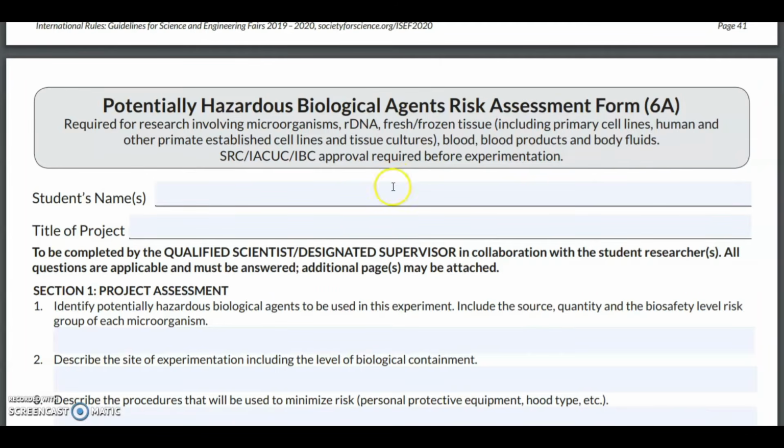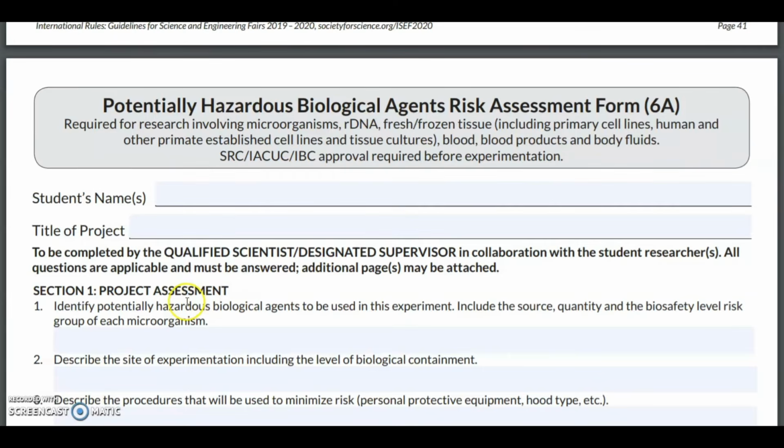Take note that SRC, IACUC, and IBC approval is required before experimentation. This includes the student's name, title of the project, and this form should be completed by the qualified scientist or the designated supervisor in collaboration with the student researcher. Remember that all questions are applicable and must be answered. Additional pages may be attached.